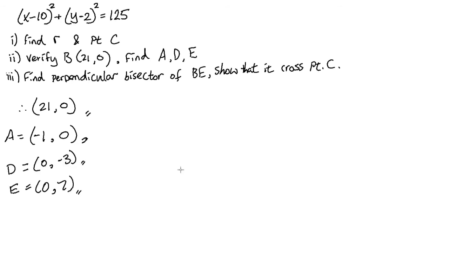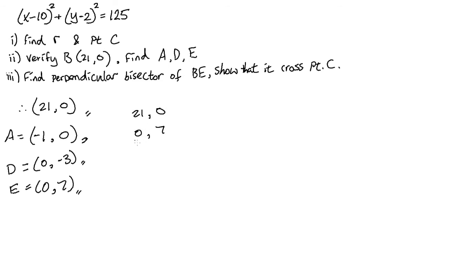So the last part, which is the most tricky part, is that you need to find the perpendicular bisector of BE. So first of all, let's find out the gradient of BE. So the point B is (21, 0), and point E is (0, 7).